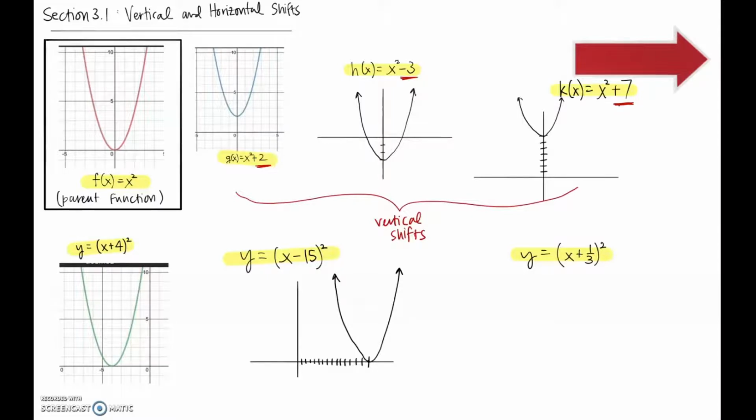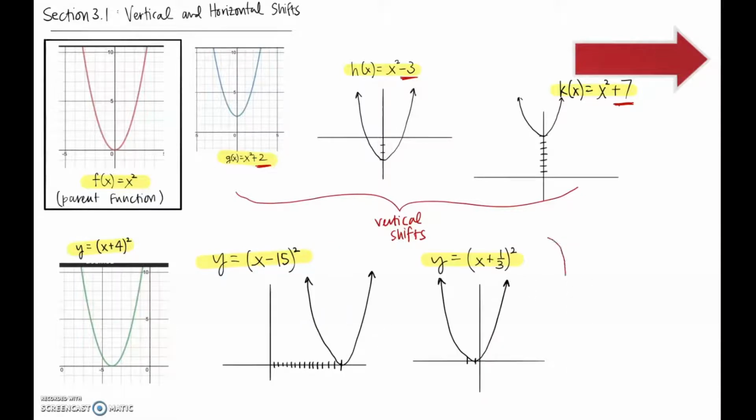And then this guy over here, we decided it was going to shift to the left 1/3 of a unit. So here's 1 unit, we'll go 1/3 of a unit. This is really similar to the parent, just shifted to the left. And so we saw these 3 examples ended up being horizontal shifts of the parent function.